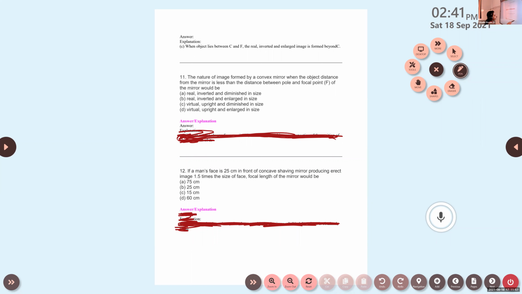Option C, virtual, upright, and diminished.